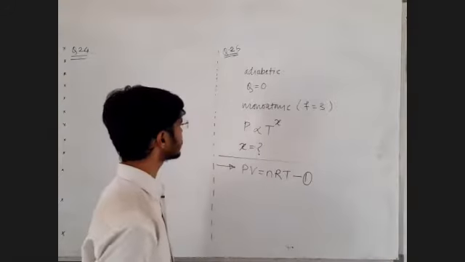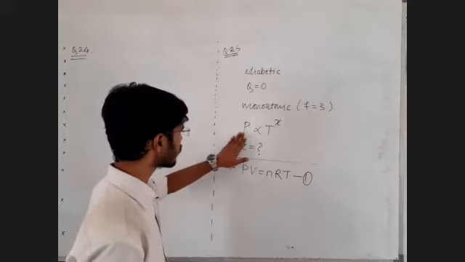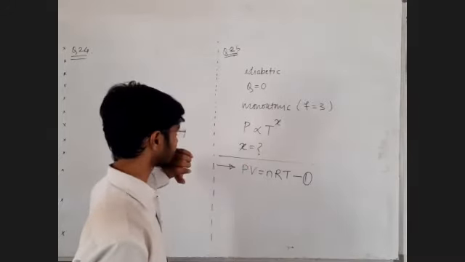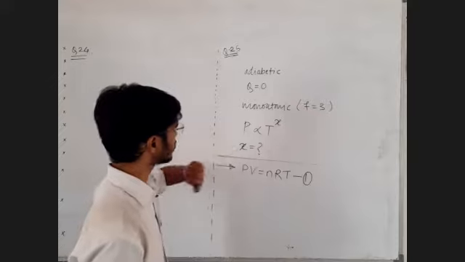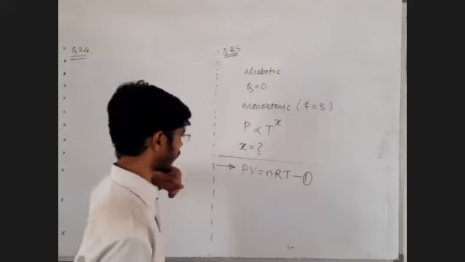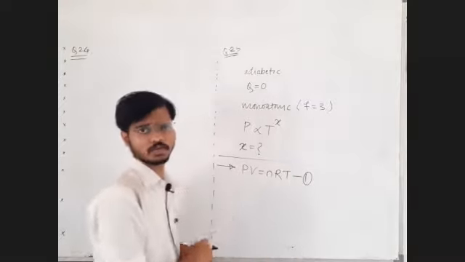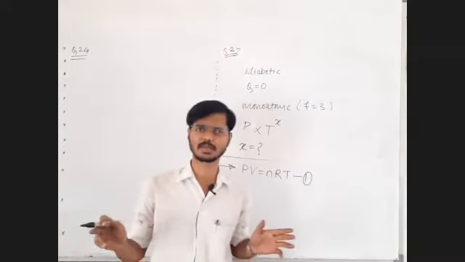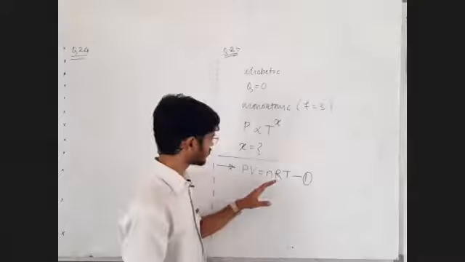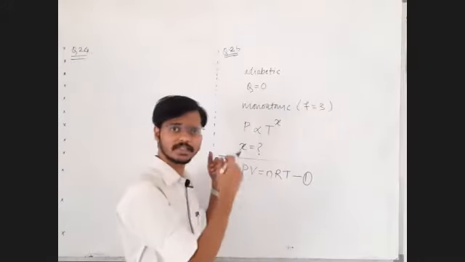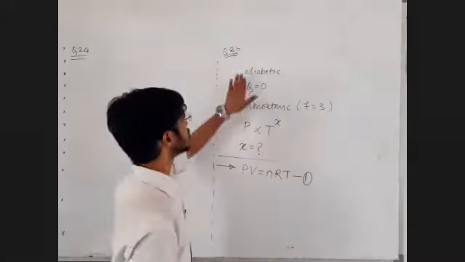Now the second thing is we want to write the pressure volume relation. The process is adiabatic. After writing this equation, this is to be satisfied whether the process is isothermal, adiabatic, isochoric, whatever the process is, as the gas is ideal. Now go to the data given in the question.